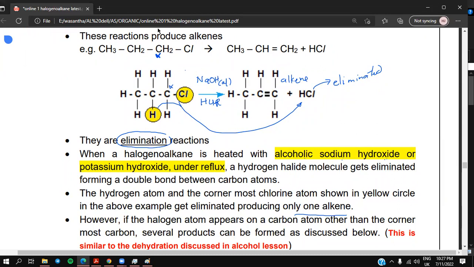It means there can be reactions where many alkenes are formed. However, if the halogen atom appears on a carbon atom other than the cornermost carbon, in this case chlorine is on the cornermost carbon. If you have chlorine on a cornermost carbon, you get only one product. But if chlorine comes to a middle carbon atom, then there is a possibility of getting at least two product molecules.